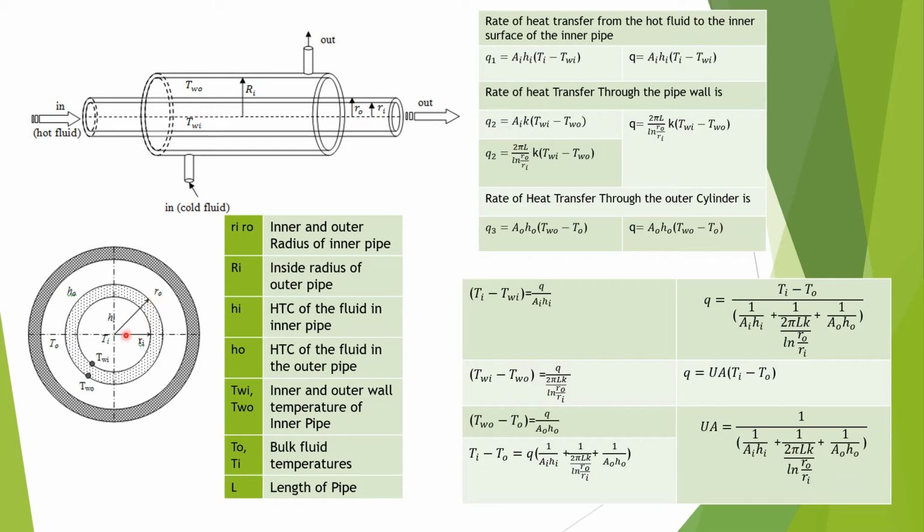First, the rate of heat transfer between the hot fluid inside the inner pipe and the wall, then the rate of heat transfer through the wall, and then the rate of heat transfer from the outer surface of the wall to the outer fluid. In these three steps we divide this derivation.